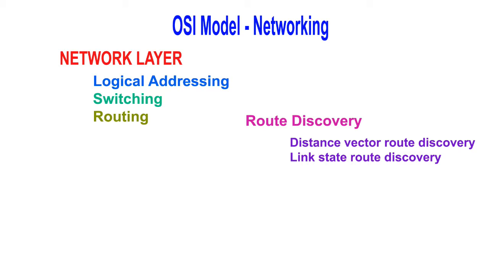Link state route discovery. Link state route discovery relies on global broadcasts. Each router identifies its own segment by sending out a message to all routers on the internetwork. This initial message contains information on the state of the router's own LAN.